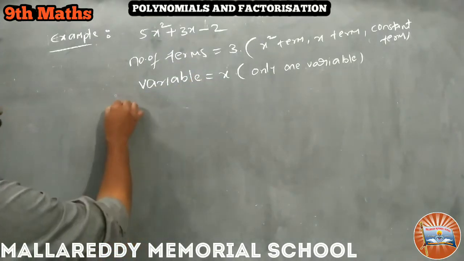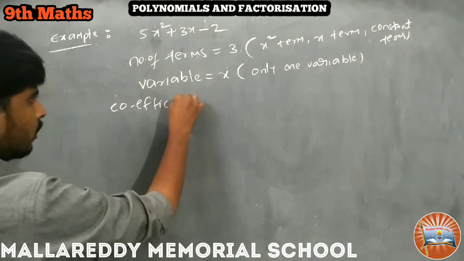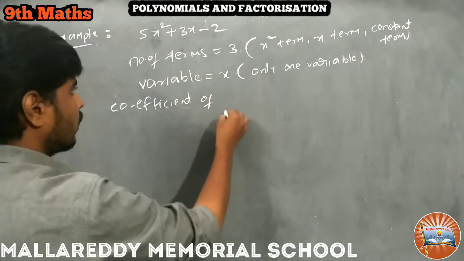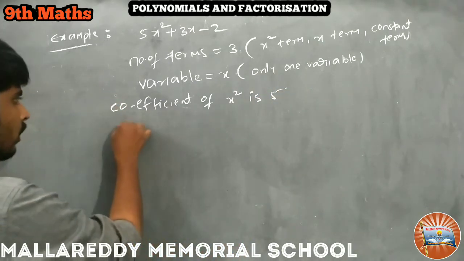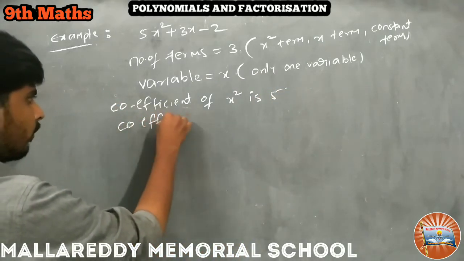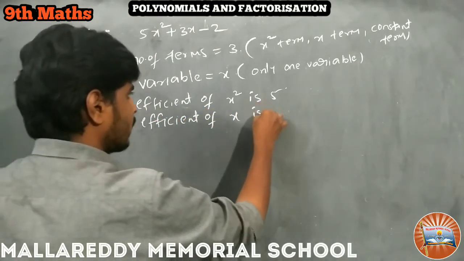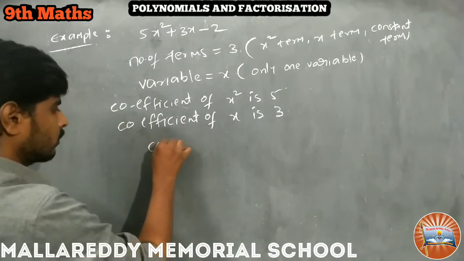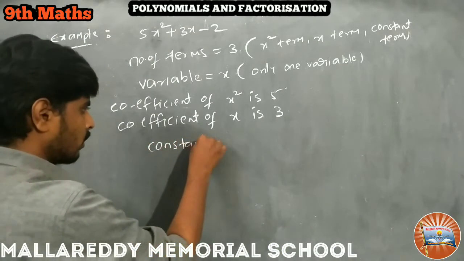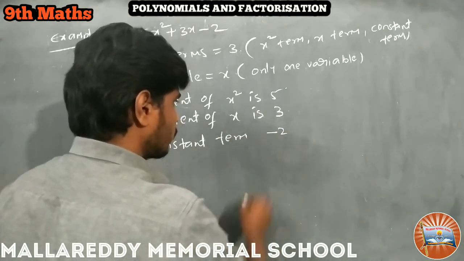So the coefficient of x square is 5, the coefficient of x is 3, and the constant term is -2.